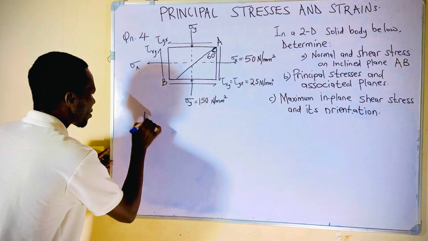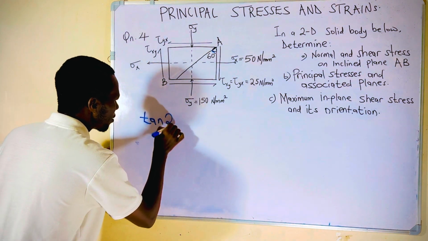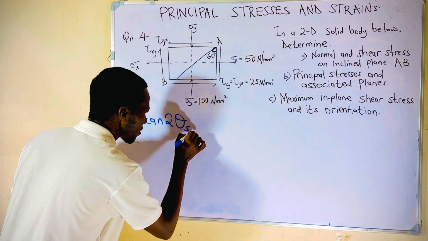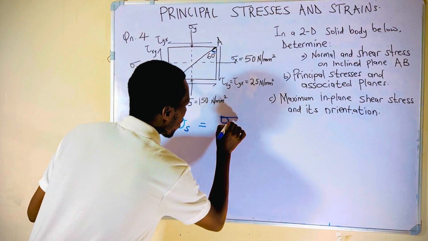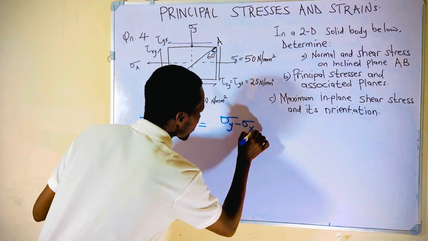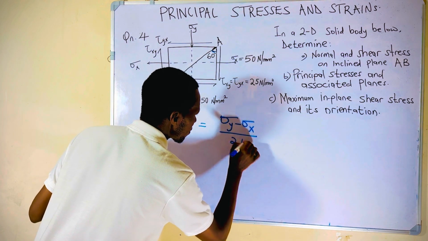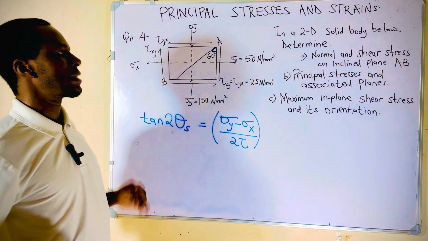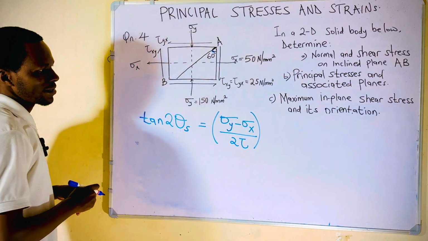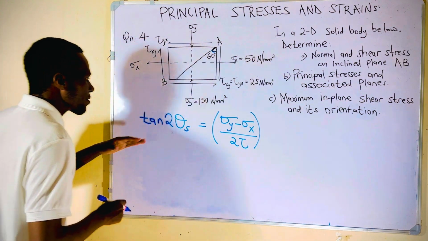It is given by the expression tan 2 theta s is equal to sigma y minus sigma x out of 2 tau. You can realize the difference from the B part, the orientation of the B part. Okay? So we got to substitute this.